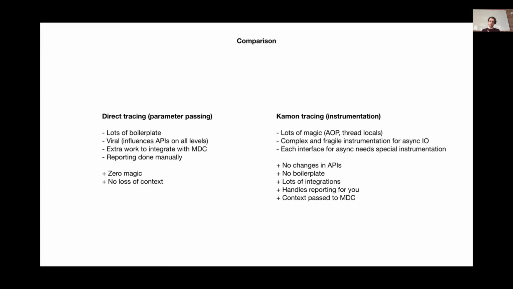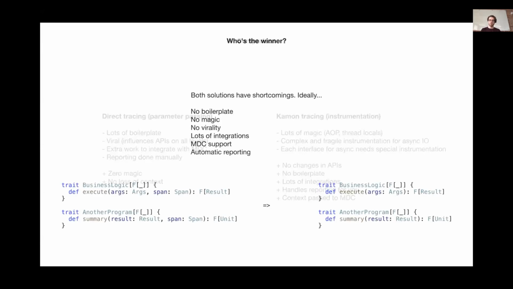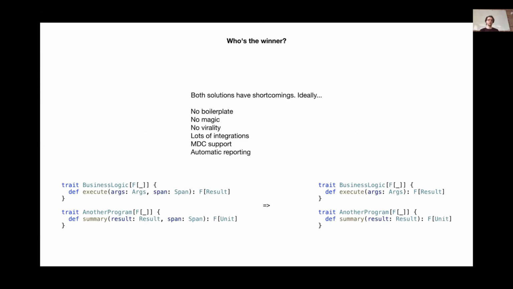So there's a lot of prior art here, and it would be foolish to just throw that away if we can use it. So both of these solutions have shortcomings, but they also have some good parts. So ideally, we could combine all the good parts of that, including no boilerplate, no magic, no virality.